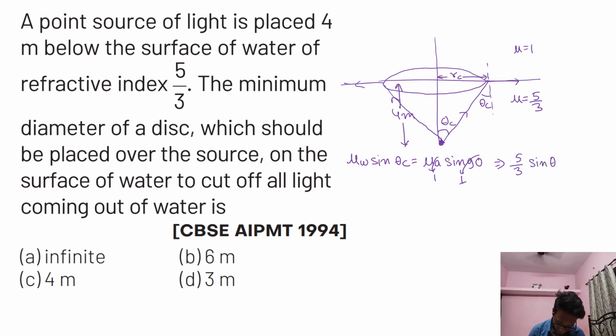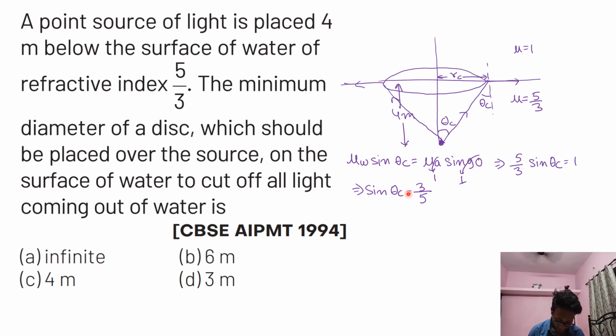So sine theta c is equal to 3 by 5. Sine theta c is nothing but perpendicular by hypotenuse, which is 3 by 5.